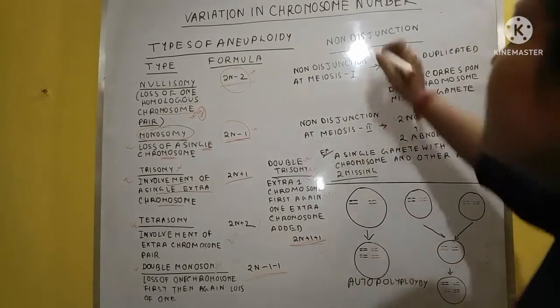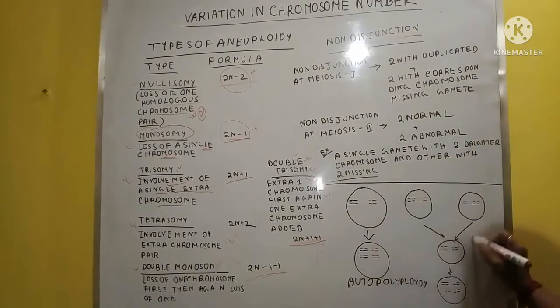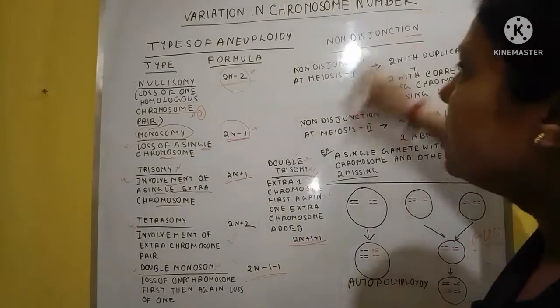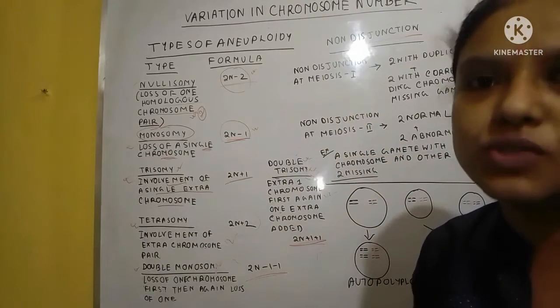Clear? Next we learn about non-disjunction. What is non-disjunction? Non-disjunction happens during meiosis. You know meiosis first division, meiosis second division.